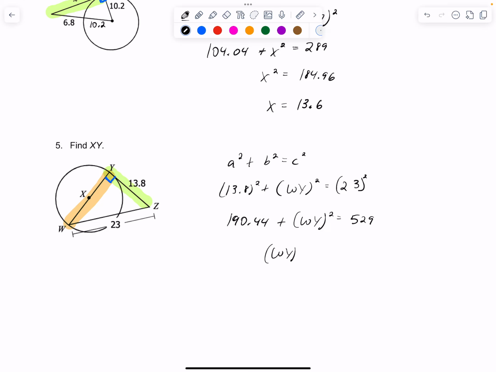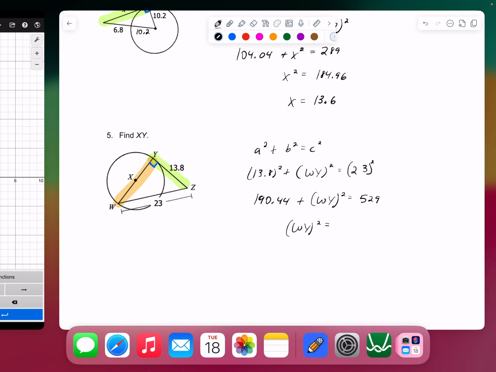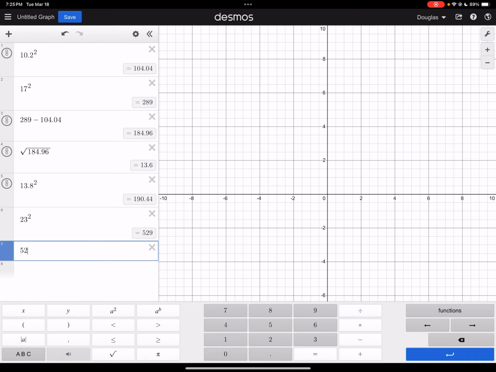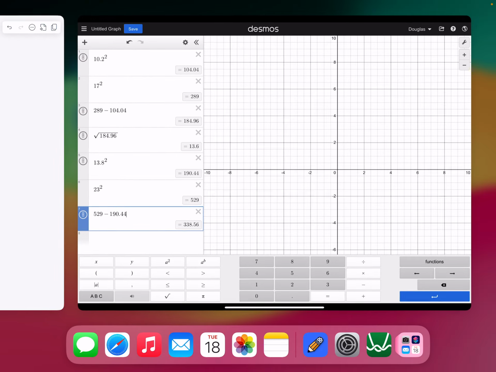Subtracting that 190.44 to the other side gives us 338.56.